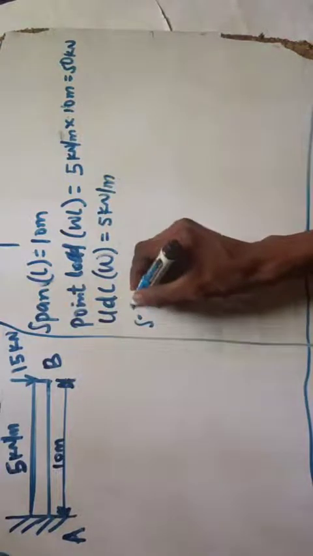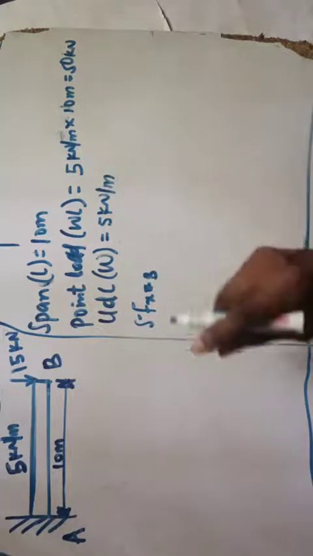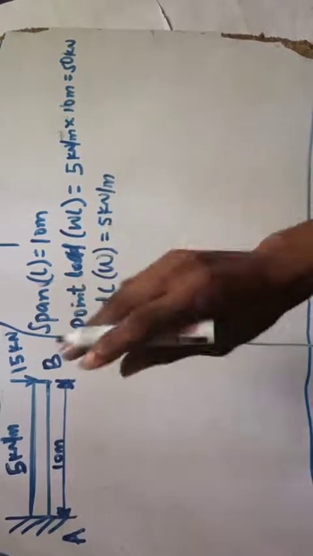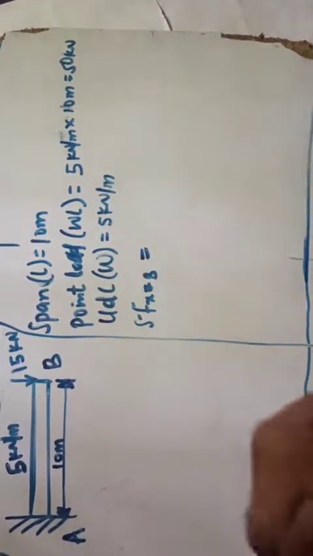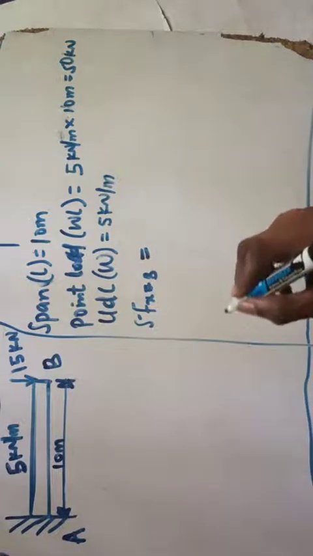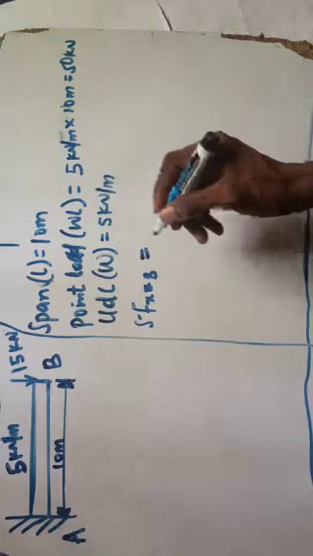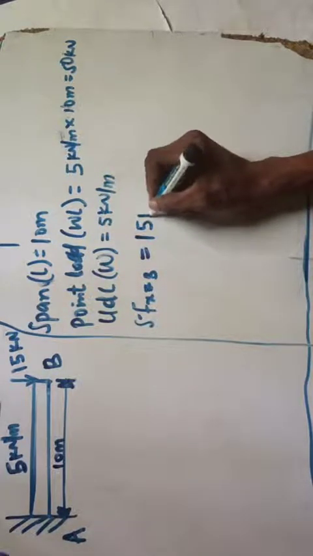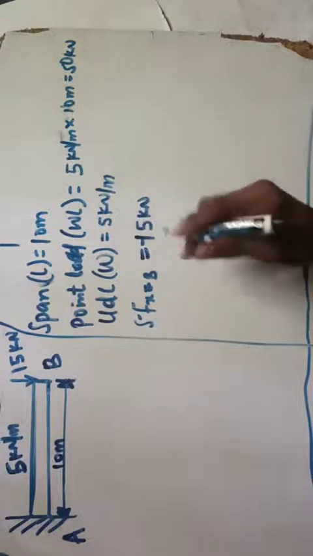That will be my shear force at x equal to b, at point B. First thing I find is that the shear force at that point is equivalent to the value of the force I have on that point. So my shear force at point B is equal to what? 15 kilonewton. And don't forget that is negative, it's acting downward.